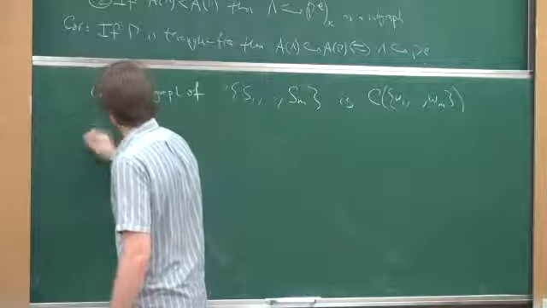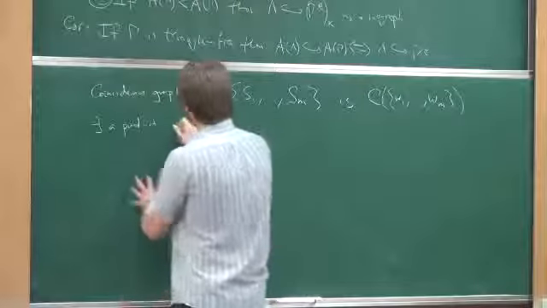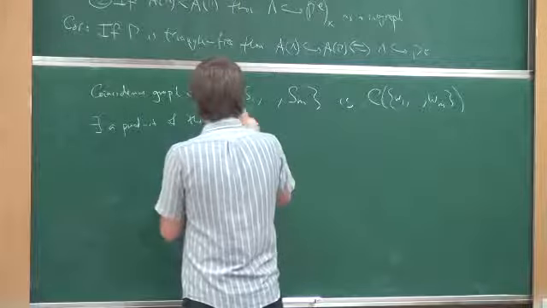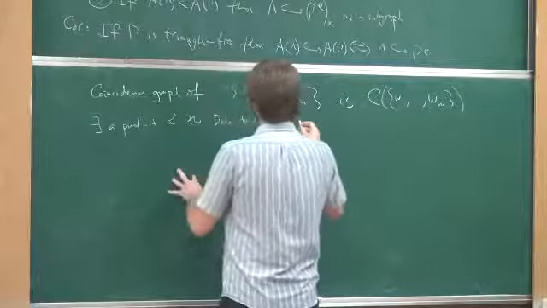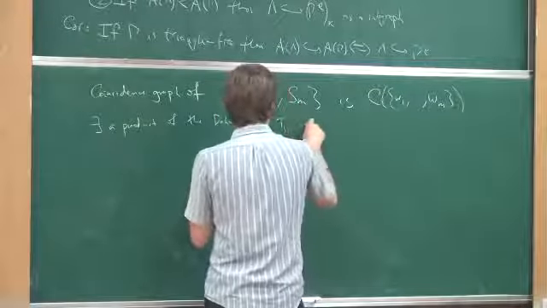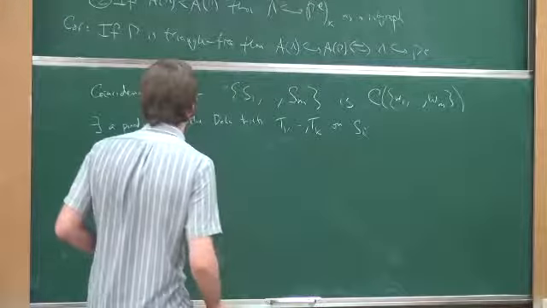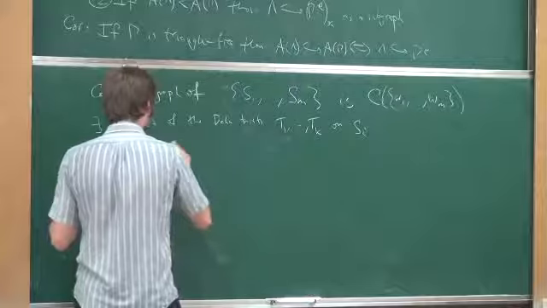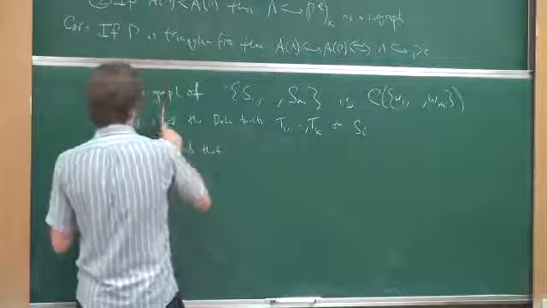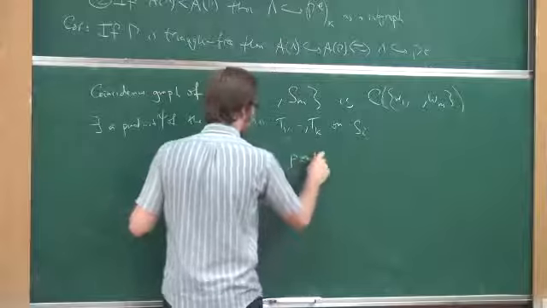So there exists a product of the Dehn twists T1 to Tk on the surface Si, call that product psi, such that psi is pseudo-Anosov.